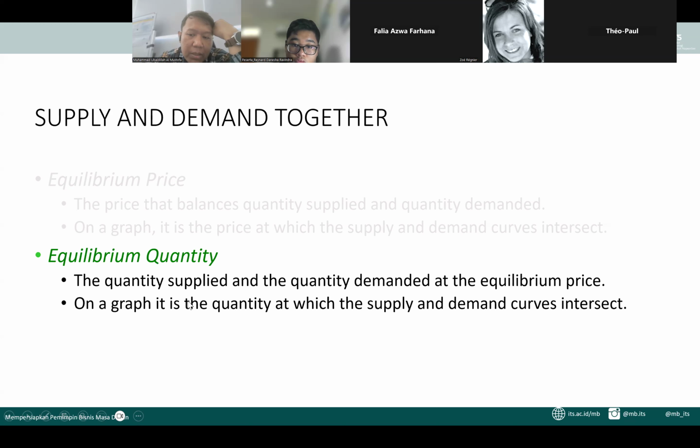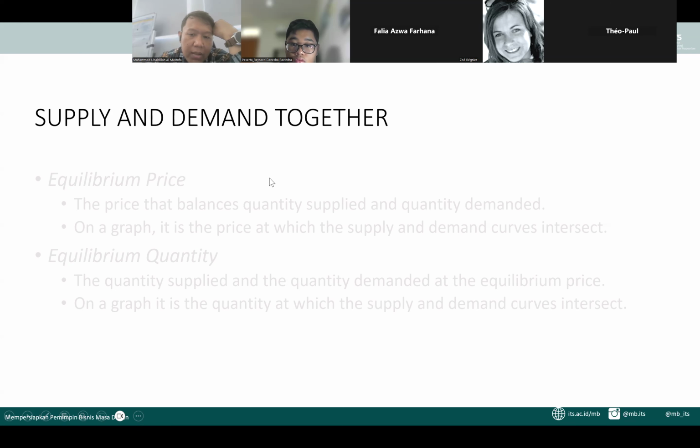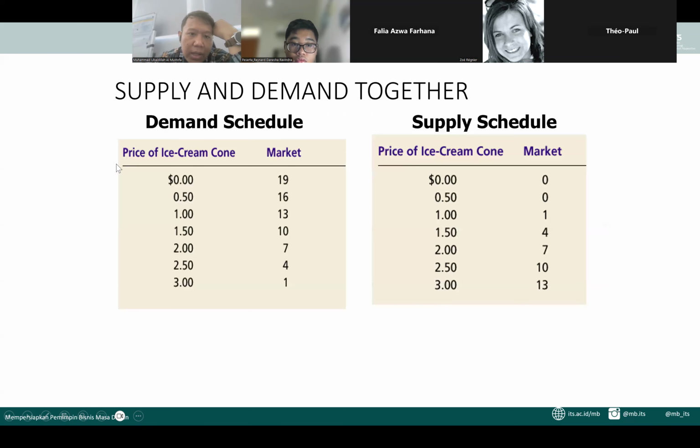So let's try to make an illustration. Let's say this is the demand schedule on the market for ice cream, and this is the supply schedule on the market for ice cream. You see that they meet here.